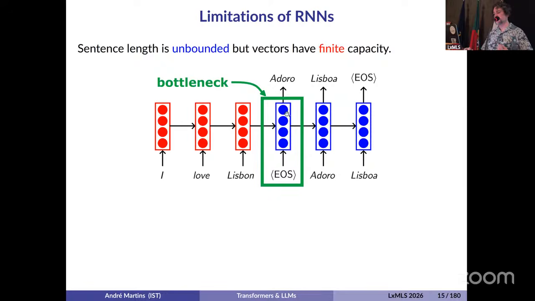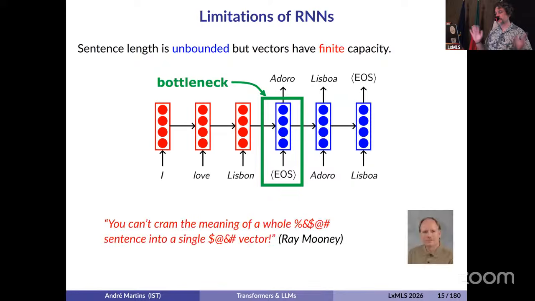We are just using as a starting point the vector that compresses that sentence. And vectors have a finite capacity, right? So there is a very famous claim by Ray Mooney, who is a very famous researcher in NLP, that says that you cannot really cram the meaning of a whole sentence in a single vector, which basically articulates the point that I want to make here. Okay.